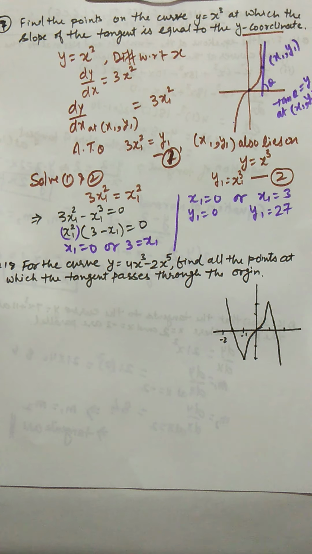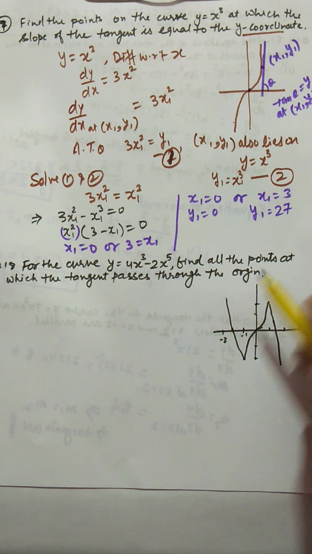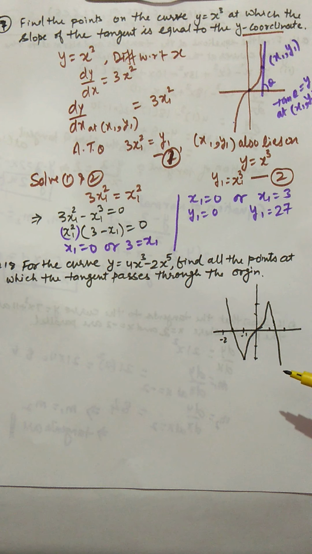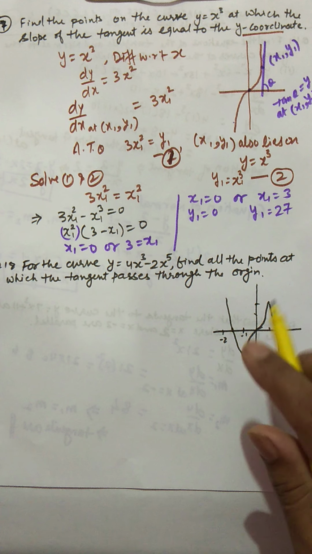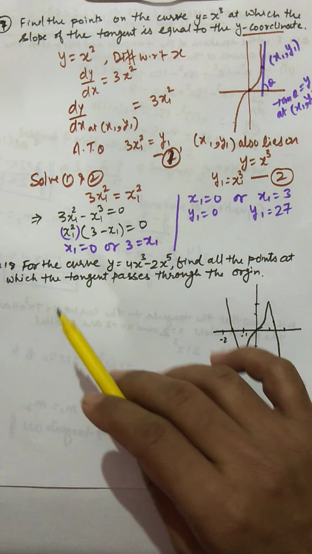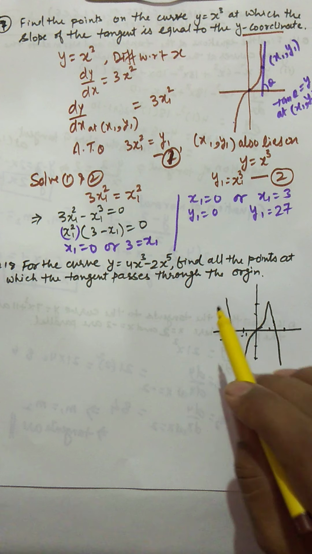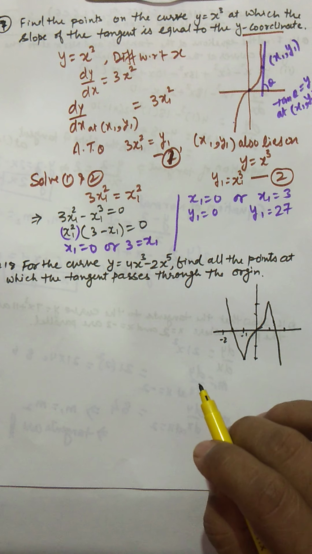Now question number 18 we'll discuss. If I want to draw the graph, it will be drawn like this, and with the help of GeoGebra you can see how the graph looks, which will give you the idea. For the curve y equal to 4x cube minus 2x5, find all the points at which the tangent passes through the origin.